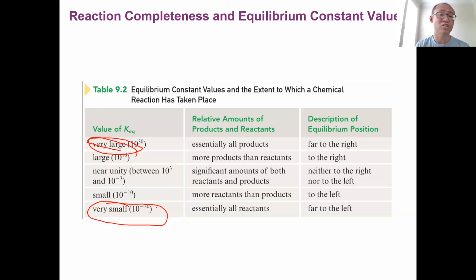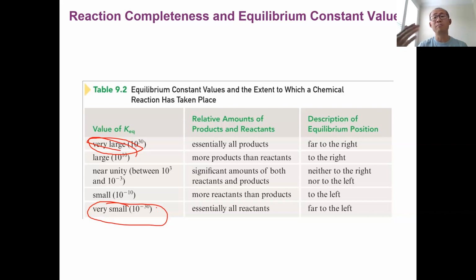If K is a small number, product is small, so that means the equilibrium favors the reactant, because you don't even get any product. So the equilibrium position in this case is far to the left, to the reactant, because product is tiny.